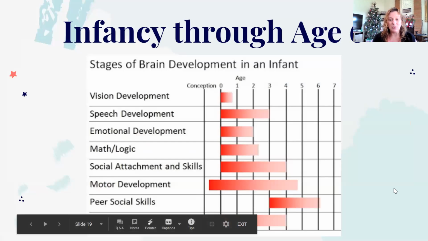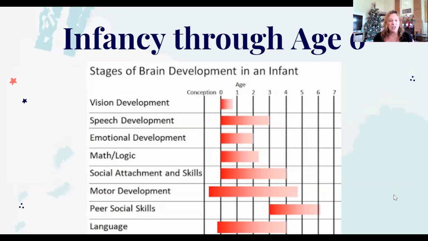Once they're born, at infancy, the brain starts rapidly developing with vision, speech, emotional development, math and logic, social attachment skills, continuing with motor development and language development. Although an infant isn't talking yet, the part of the brain that develops language skills is developing very rapidly.